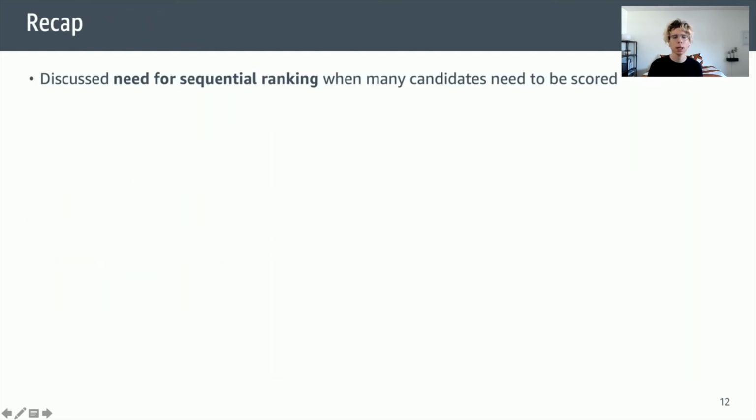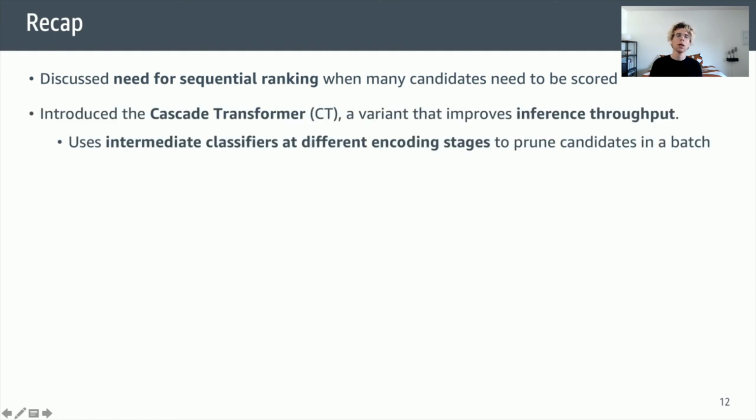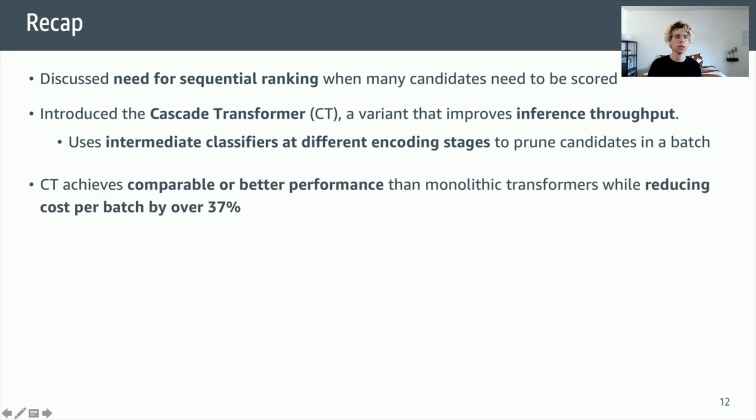So to recap, I've discussed the need for sequential re-ranking for problems when many candidates need to be scored with a transformer model. I introduced the Cascade Transformer, a variant of the transformer that improves inference throughput. And this variant uses intermediate classifiers at different encoding stages of the transformer to prune candidates in a batch.